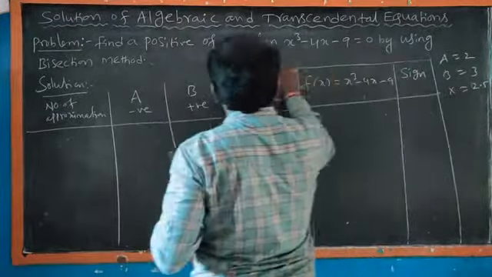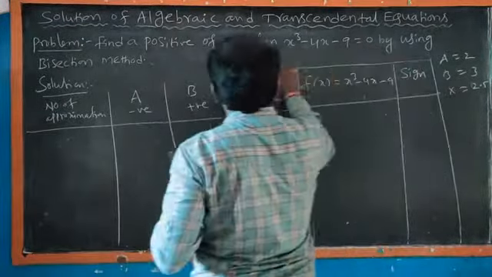Now the formula of the bisection method, go back. We get the formula. Calc: what is the a value? 2.5. What is the b value? 3. Then 2.75. Now put x equal to 2.75 in this function. Go back, we get the equation.